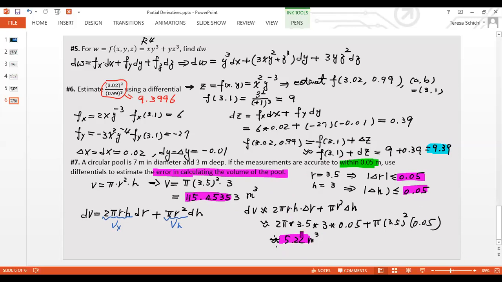That's how we use differentials to estimate the real errors, the increment in the function. It's a very interesting and very useful section, and it connects closely to linear approximations in Calculus 1. It's the same idea, and you can easily expand it to R3, R4, and R5.